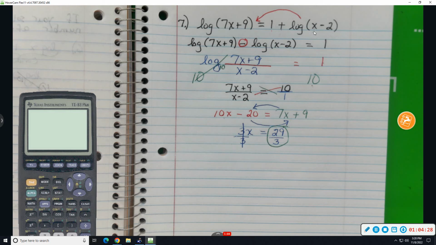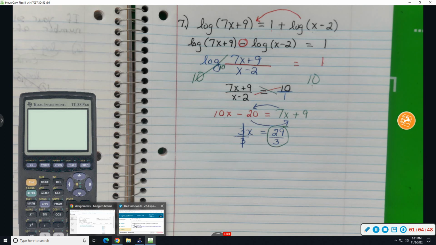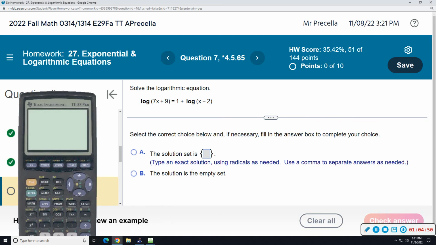Also, what if the answer had been a 1? 1 minus 2. So really the answer needed to be bigger than 2, so you get a positive number here. Okay? But again, primarily, if you get a negative answer, mark it out. Okay? So 29 over 3.